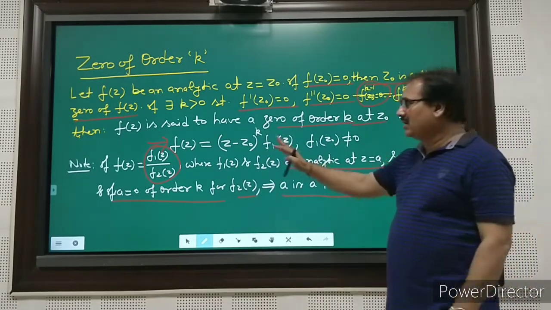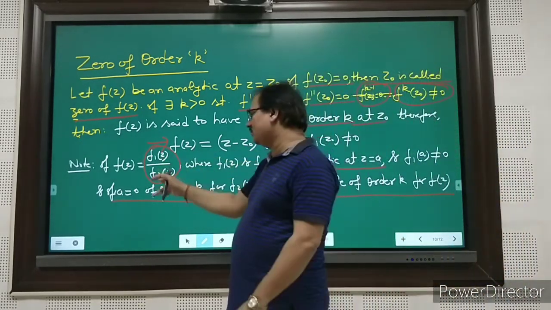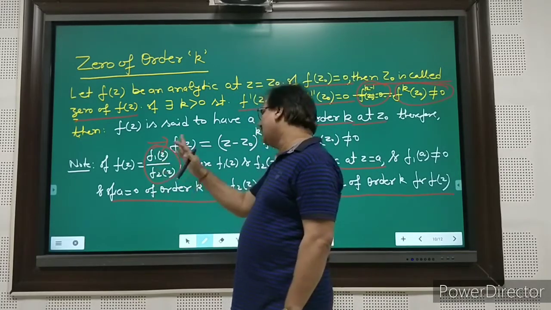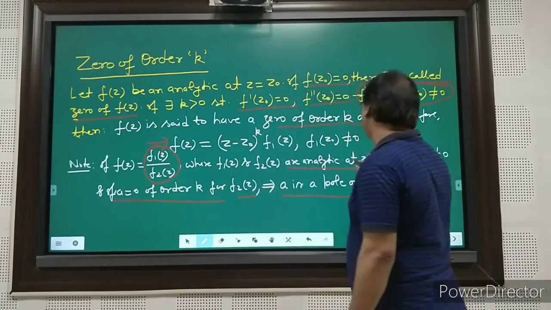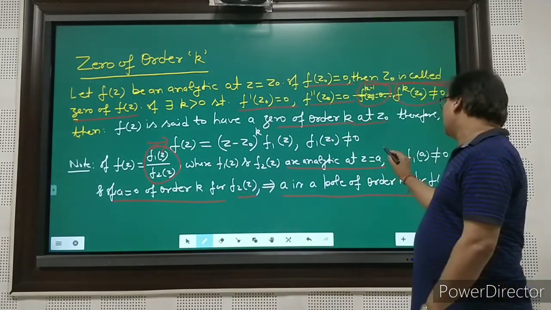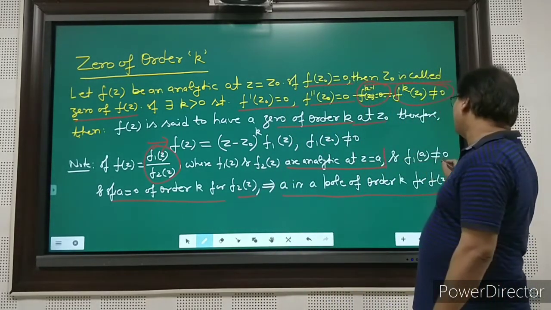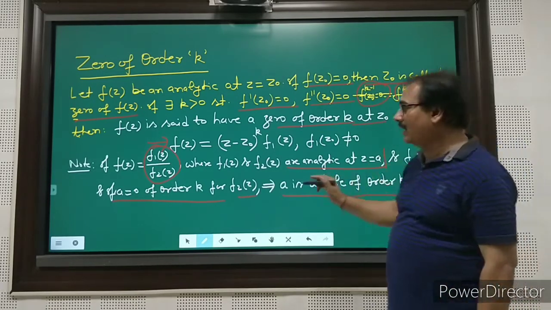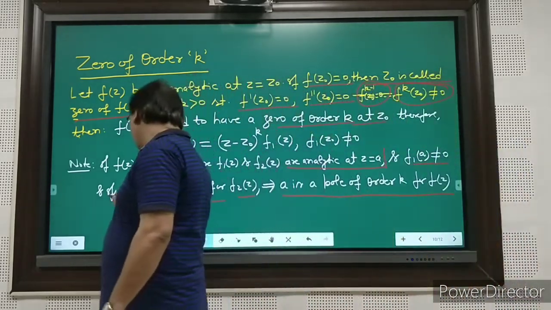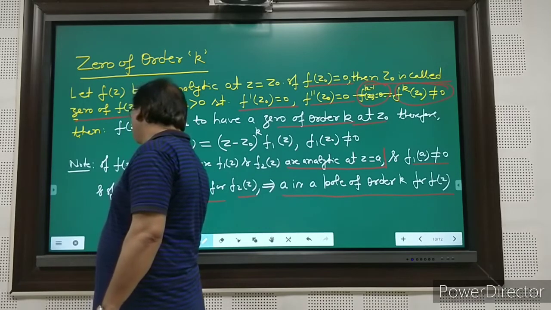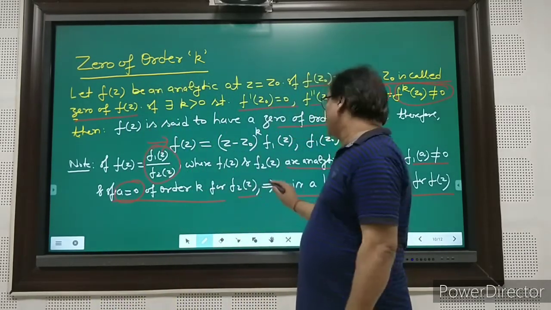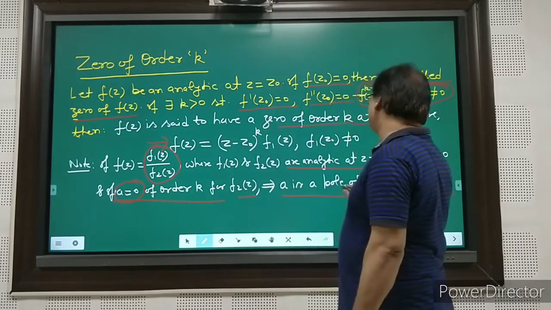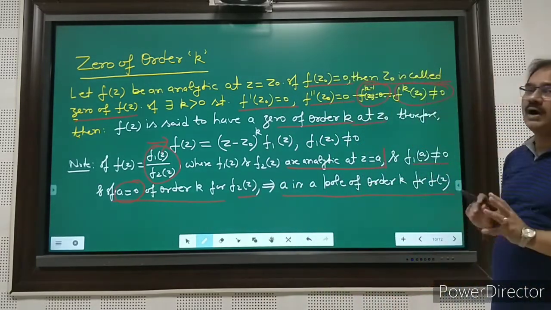Again I am repeating, f1(z) and f2(z) are the numerator and denominator, both analytic at z is equal to a, and f1(a) should be non-zero, and if a is a zero of order k for f2(z), then we can say that a is a pole of order k for f(z).